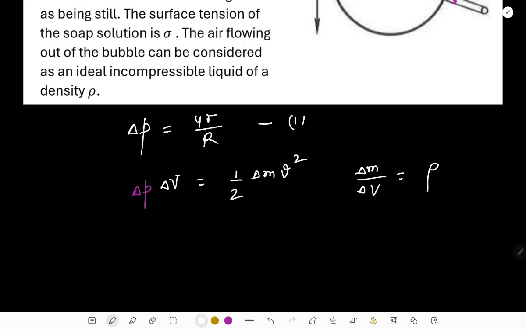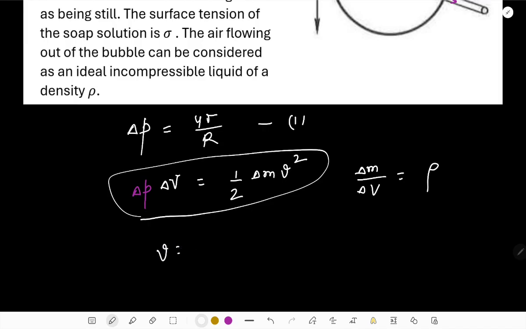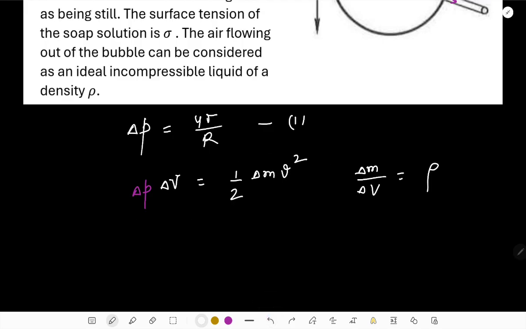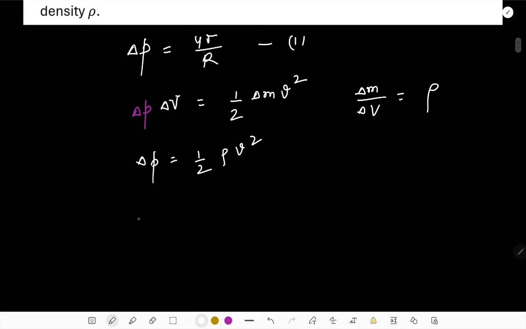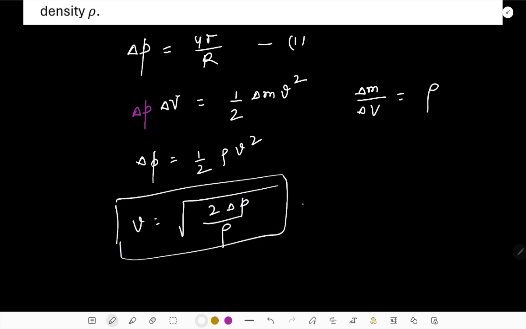So rho is delta m by delta V, and I can write this statement simply as delta P equals half rho v square. That means I got the value of v simply as root of 2 delta P by rho, and this is going to be a statement for further use.